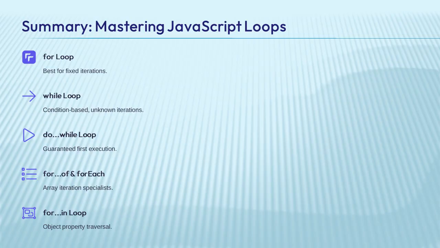Use while when the iteration count is unpredictable. Next one is do while loop. Use do while when you need to run at least once. It's guaranteed first execution. For of and forEach, iteration specialists. For in loop, object property traversal.